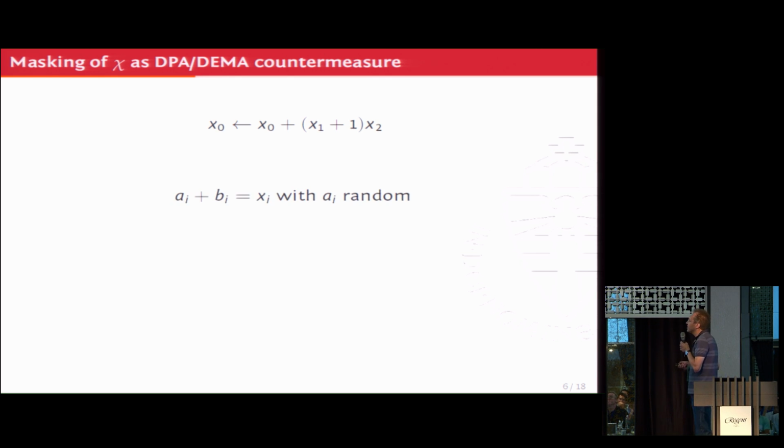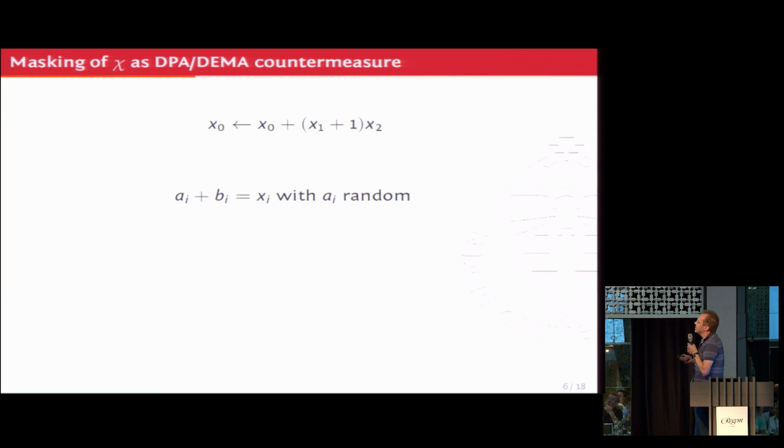And we just use masking, and we're going to represent each bit as a sum of 2 bits, where the first part is completely random. So we generate it randomly, and we generate the second part by just subtracting xi. So by themselves, ai and bi are completely decorrelated from the native value.